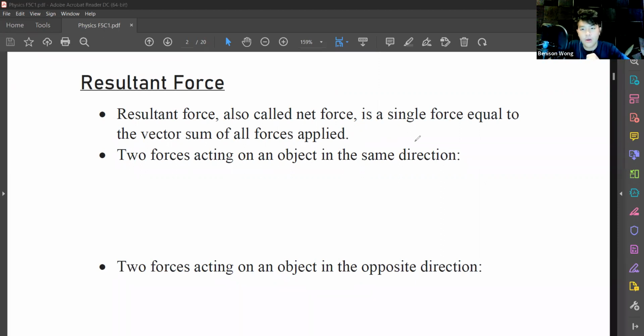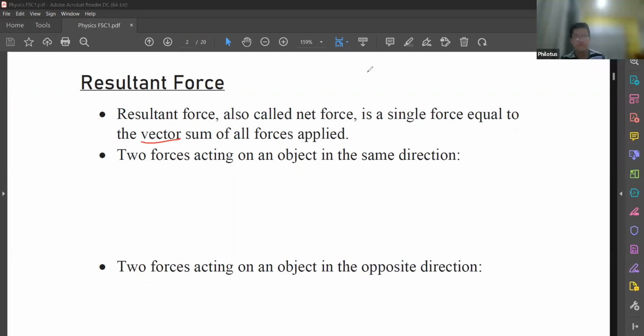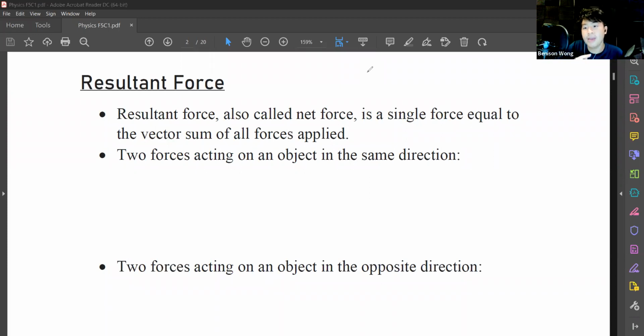applied. What is a vector? Vector is actually a quantity with magnitude and direction. You learn it in physics.